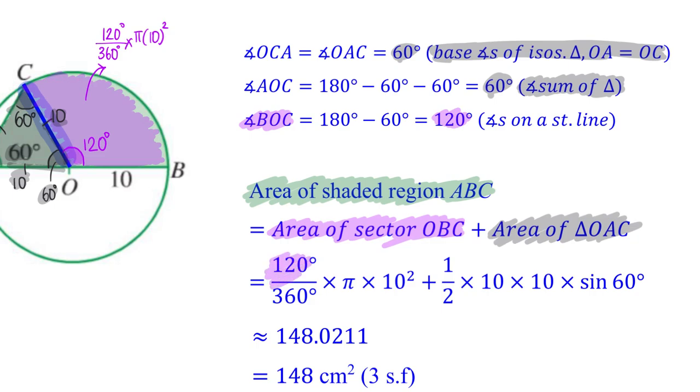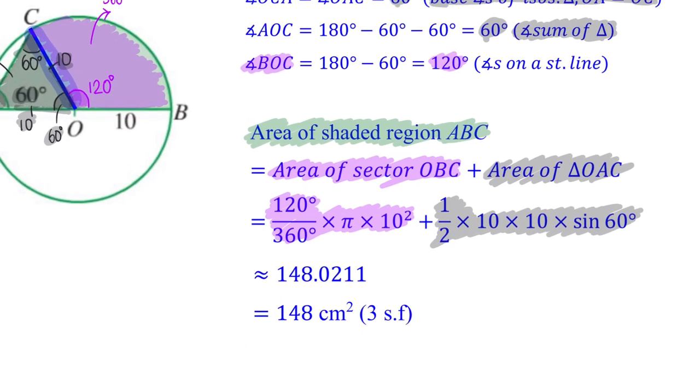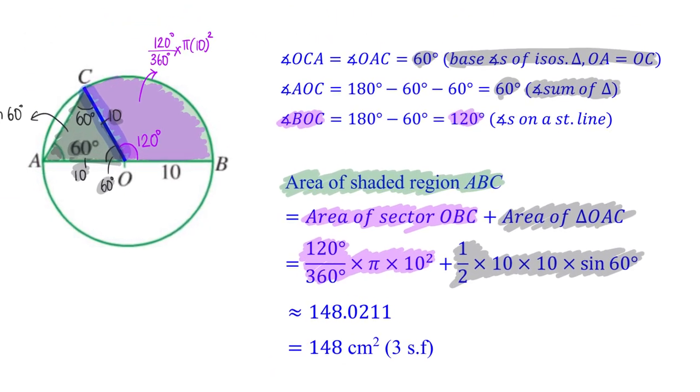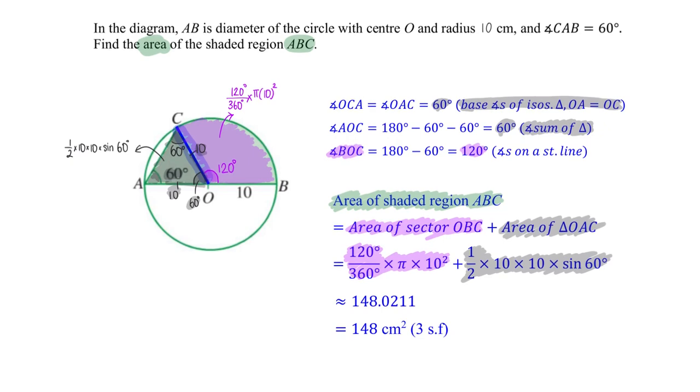And this is the working for the area of the sector, and this is for the triangle. And then this will give me 148 cm squared when rounded off to 3 SF.